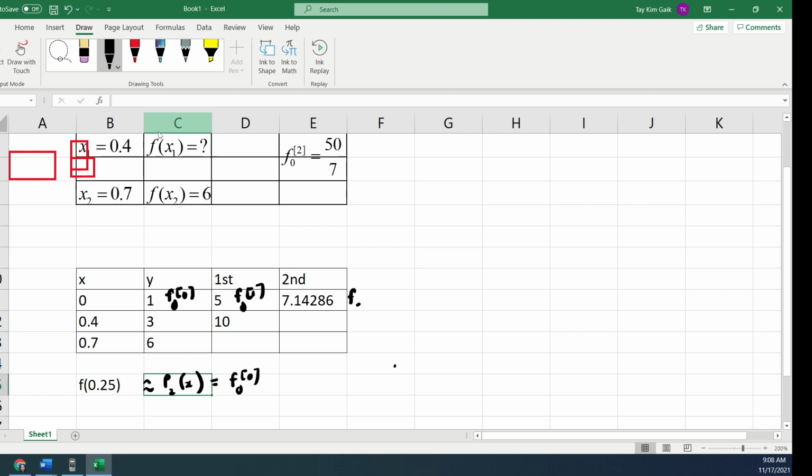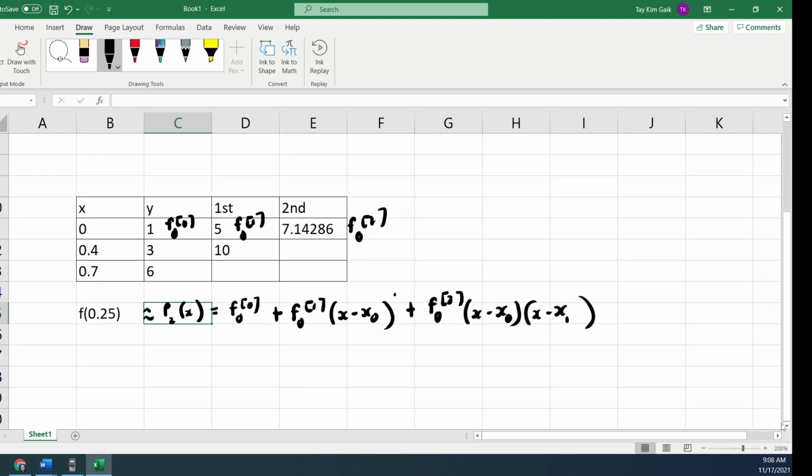This value is f02. So the 0 level, and then f01 first level multiplied by x minus x naught. Second level f02 multiplied by the two terms, x minus x naught, and then x minus x1. Now I will quickly calculate it using Excel.